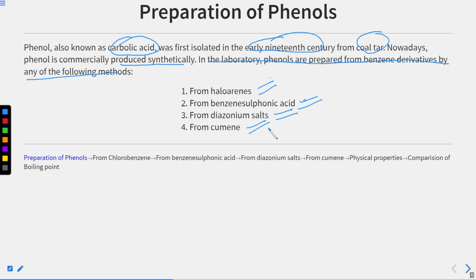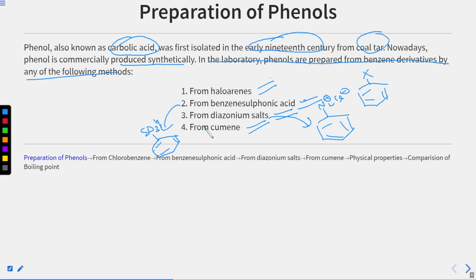We will see what this cumene is. Haloarene, you know it very well. It is nothing but a halogen attached to an aryl ring. Benzene sulfonic acid means benzene attached to a sulfonic group. Diazonium salt, we have seen the preparation of diazonium salt in the previous class.